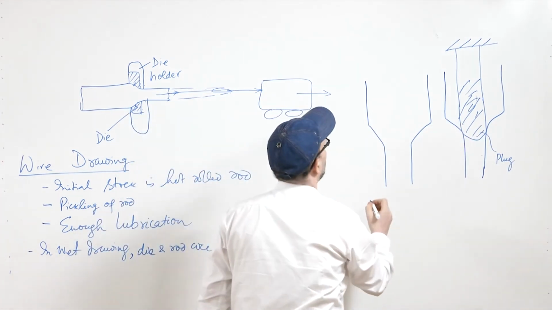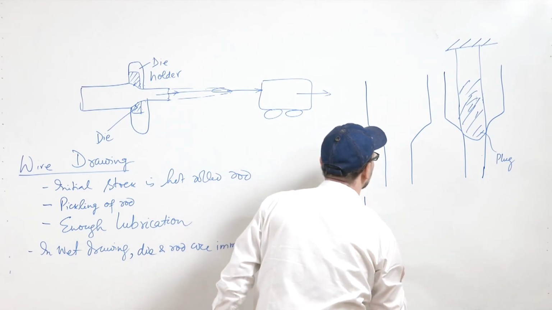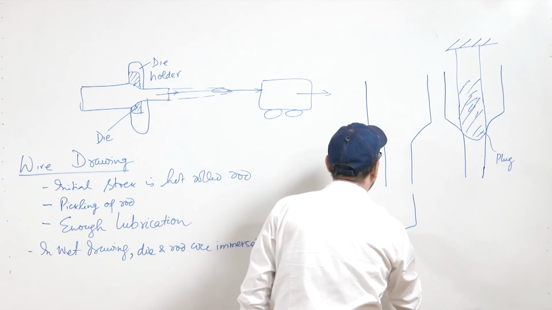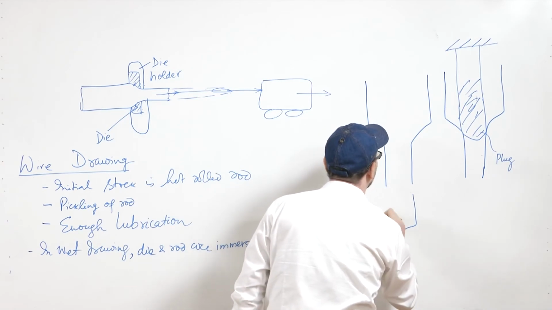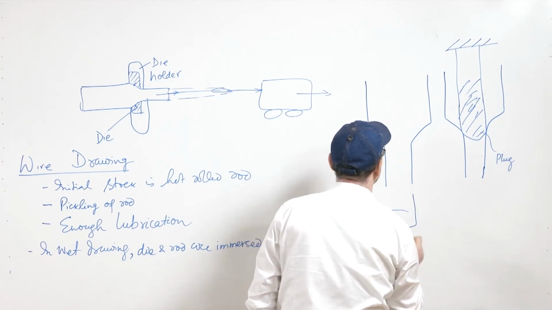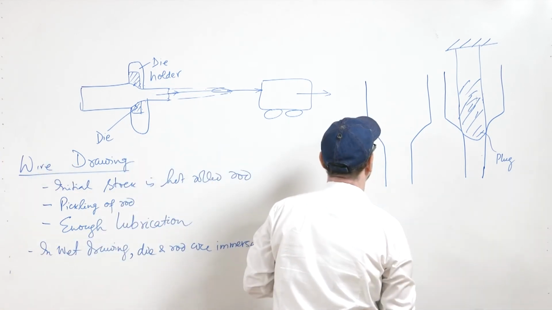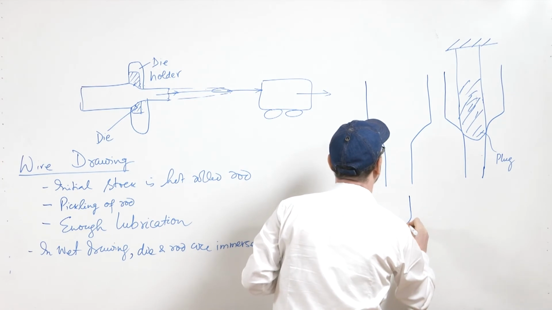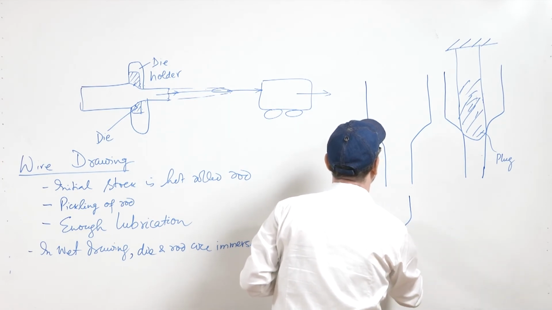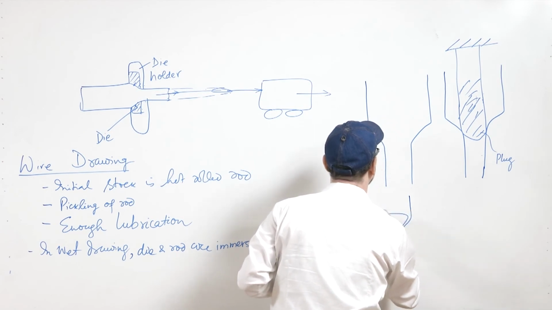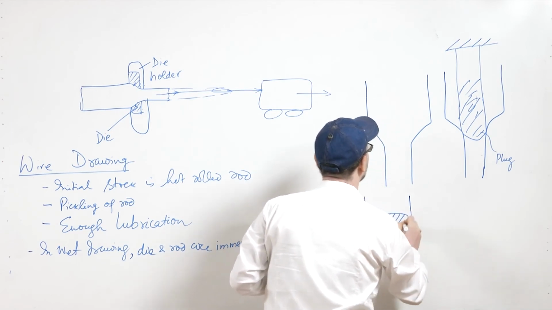Now, you can also have some mechanism of making these tubes where you have a floating type of plug.